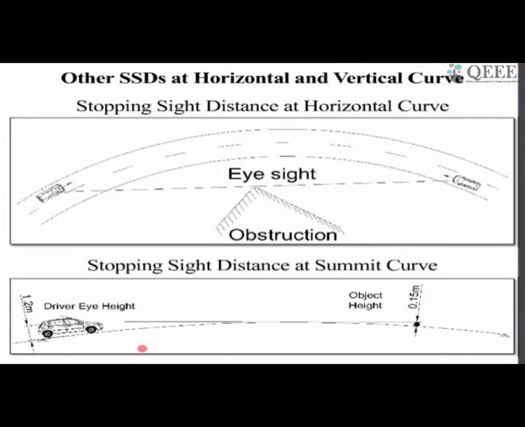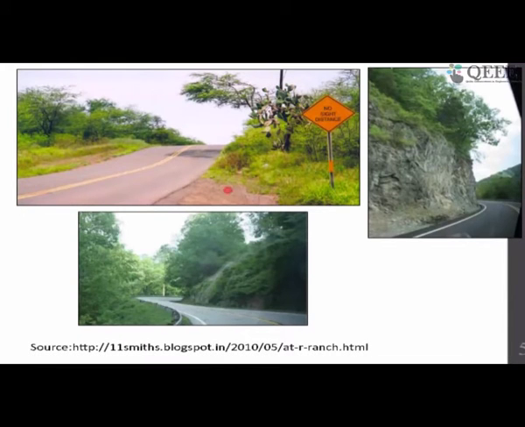The other part is that this also happens in the vertical alignment when there is a curve. When there is a curve like this, your eyesight is actually through this, and you need to see this object. Again, the height of the object plays a major role, and this is how you need to see what distance it is going to cover. Here are a few examples.